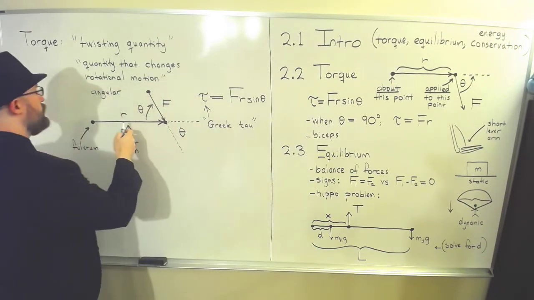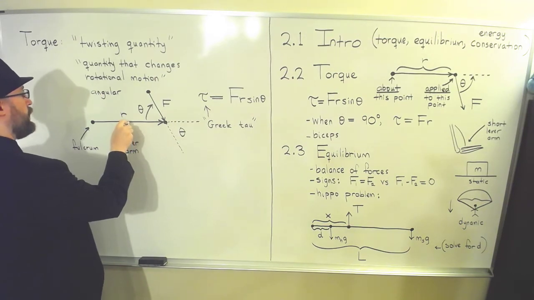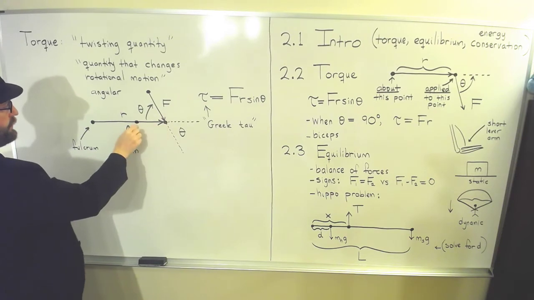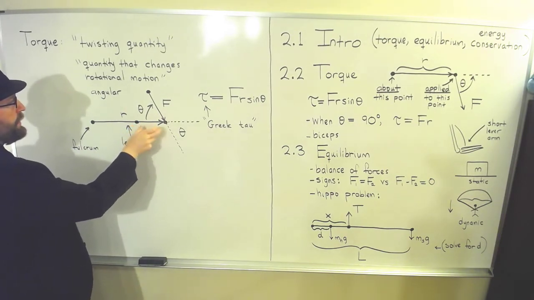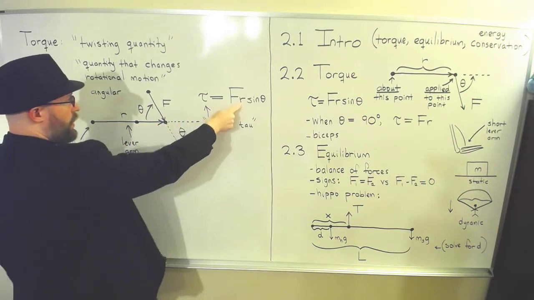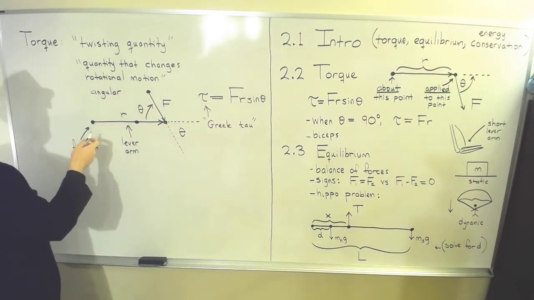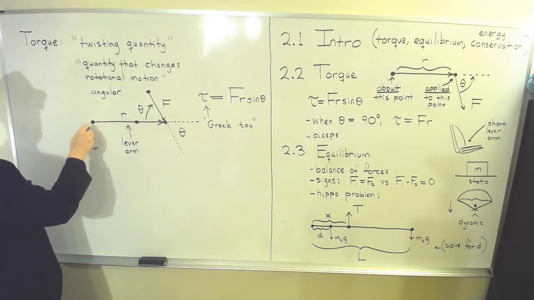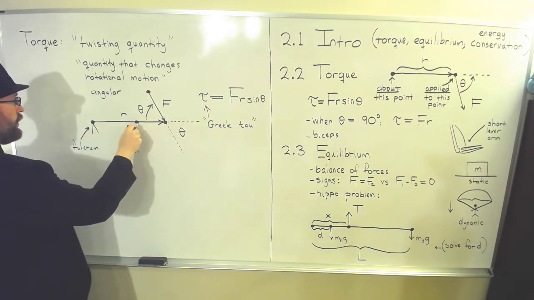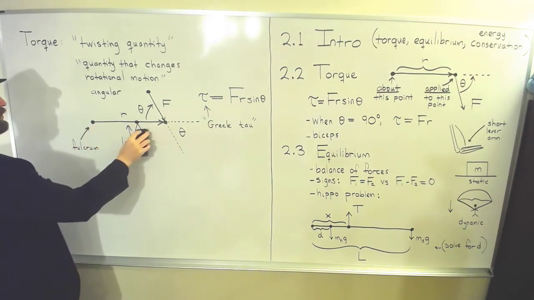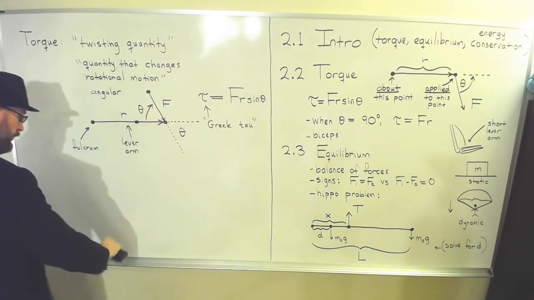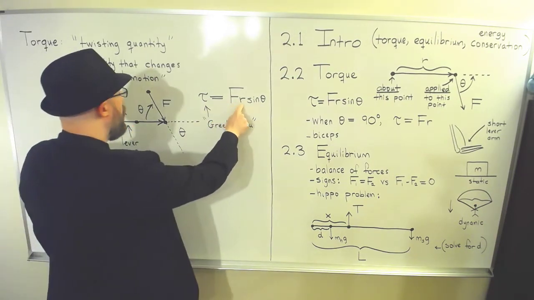Because if I drew another point, say, over here, for instance, then the distance from that point, if I was thinking of that as the fulcrum, would be different. And so that would be a different R here, and the torque would be different. So I could think of this whole thing as a balance, and I could draw the fulcrum here, or I could draw the fulcrum here. And the point is, it's going to make a difference where I draw that fulcrum. That's important, and that's how the R comes in.